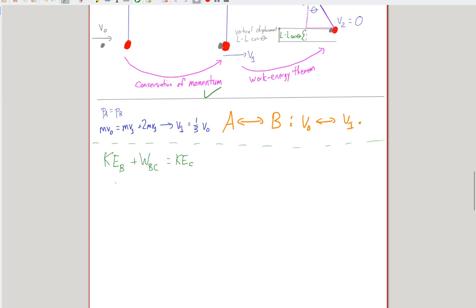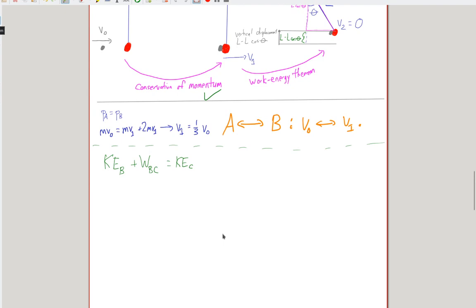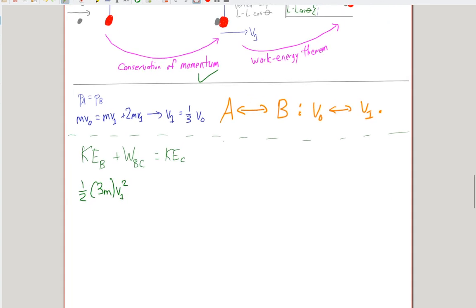So the kinetic energy at B is 1/2. Oh, no, sorry. There are two objects together, right? The total mass here is 3m. So I've got 1/2 times 3m v1 squared plus the work done by gravity.